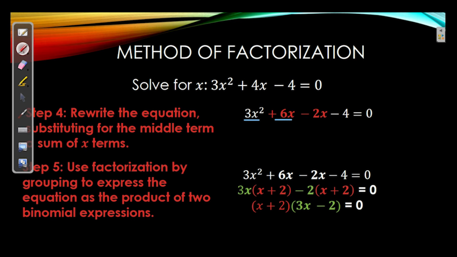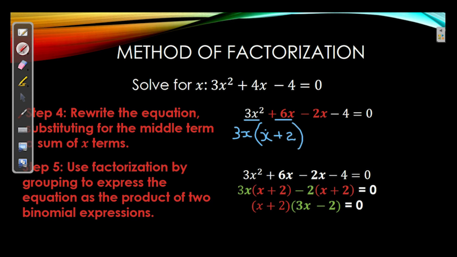Now, yes, I did in fact write it in this way to make it a little easier for me to factor out the highest common factor from the very beginning with my terms. So factoring out 3x from these two terms will give me my factor of 3x to the side, and then in my binomial I'm going to have x plus 2.